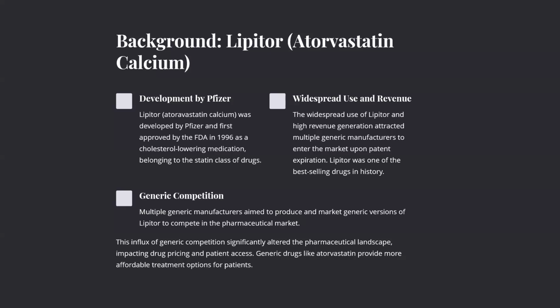Lipitor was one of the best-selling drugs in history. Now we have a lot of best-selling drugs, but in that era, Lipitor was one of the best-selling drugs in history. Multiple generic manufacturers aimed to produce and market generic versions of Lipitor to compete in the pharmaceutical market. This influx of generic competition significantly altered the pharmaceutical landscape, impacting drug pricing and patient access. Generic drugs like atorvastatin provide more affordable treatment options for patients.